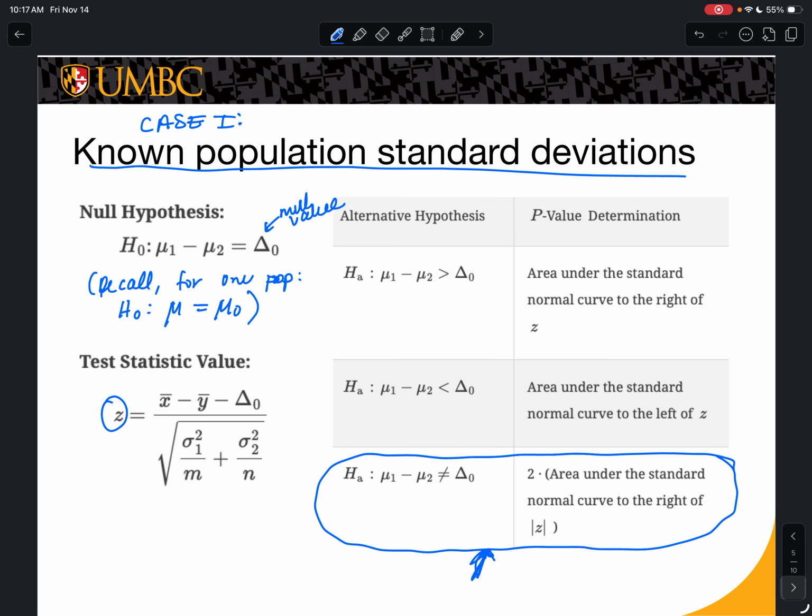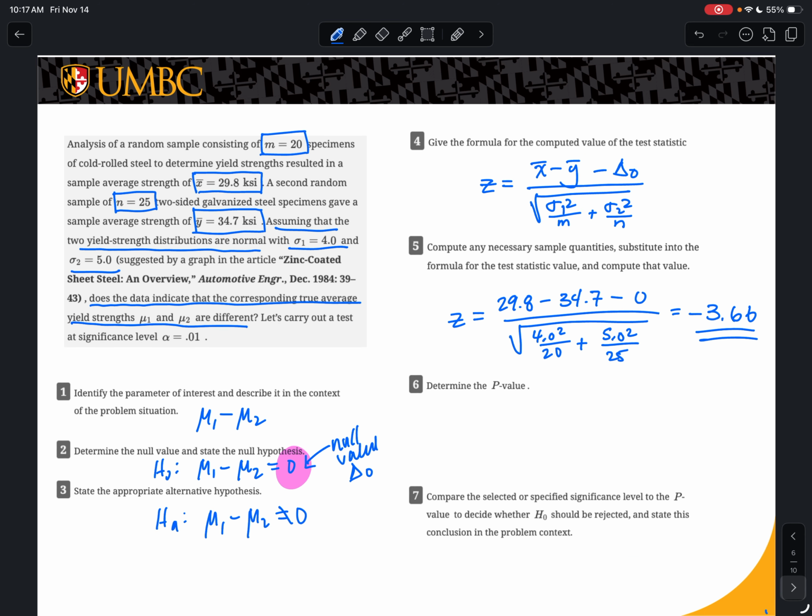2 times the area under the standard normal curve to the right of Z bar. So Z bar is going to be 3.66. The area to the right of Z bar equals the area to the right of 3.66. But remember, the standard normal table only gives us areas to the left.